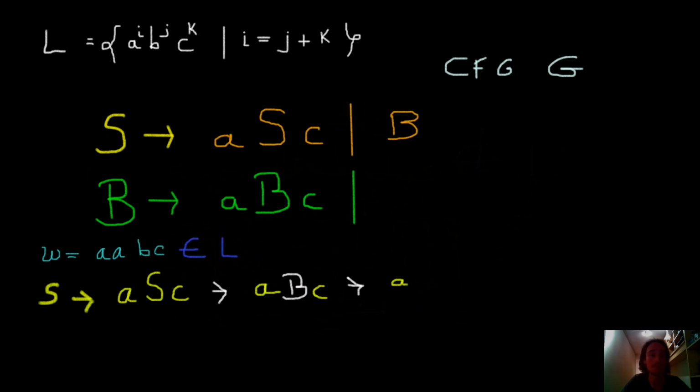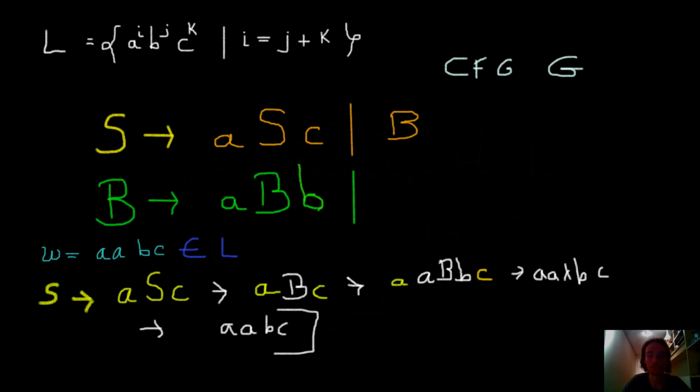And this is a B. Important: this is not a C. This is a B. So I have here A, B, C, and then I have the C that I had before. Once we are here, we just substitute B to be the empty word. So I have A lambda B C, and when we concatenate lambda with any word, we have the same word. So A, B, C. So we have here this generation.